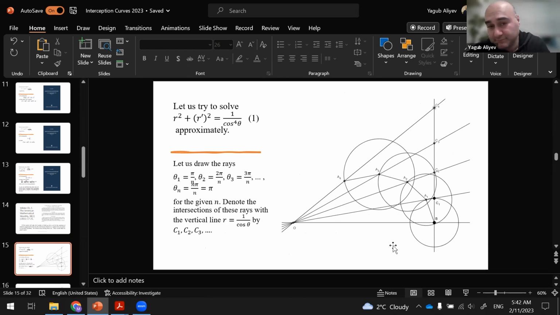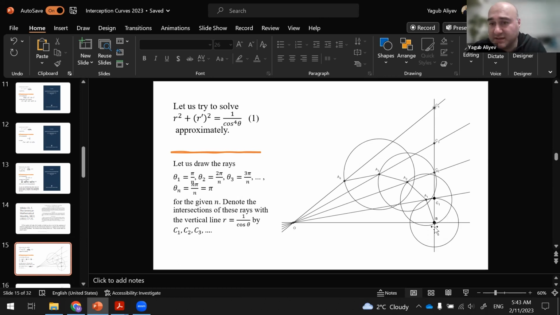So one can think like this. What are we trying to do? We want to find a curve such that its length is always equal to this line segment for any angle. But we can do this using Euclidean constructions, compass and straight edge constructions.